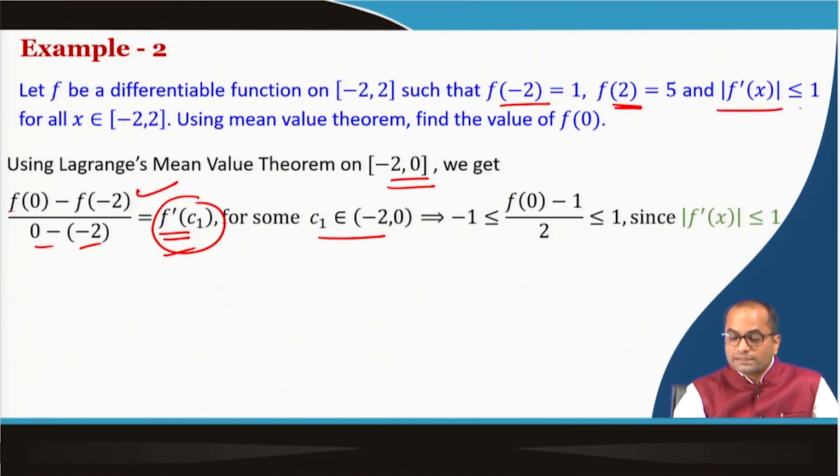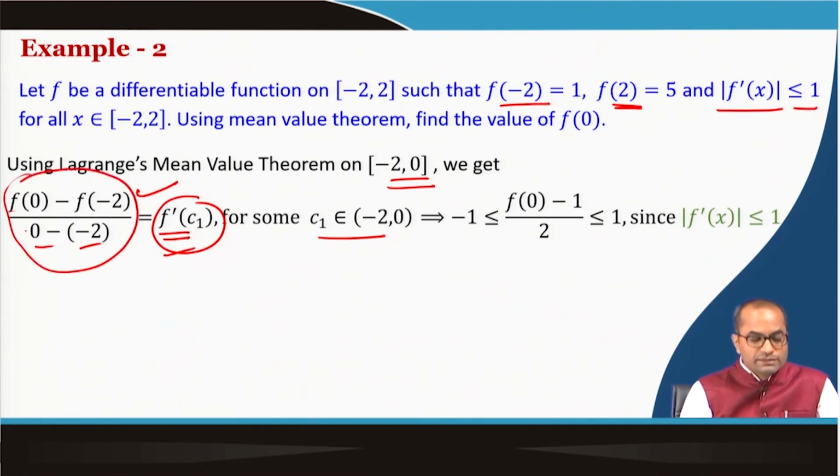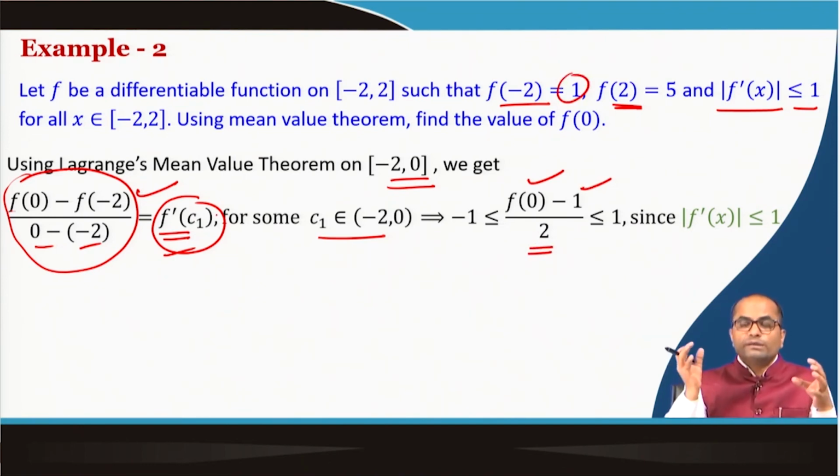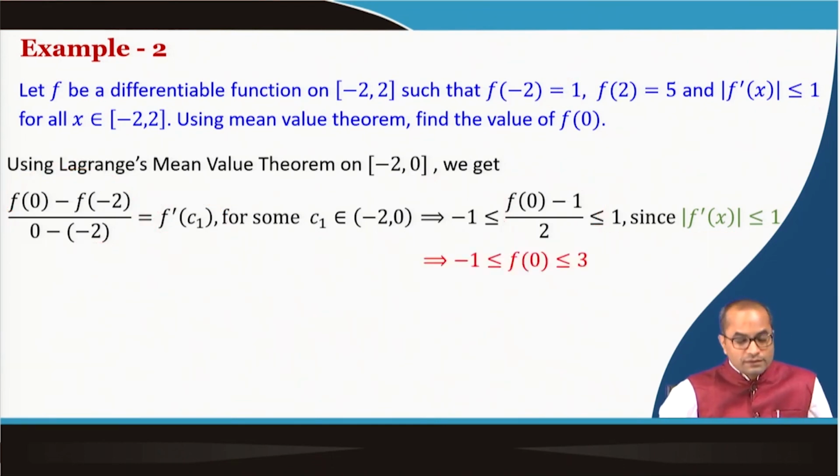Because f prime x is bounded by 1, we can say that this expression f of 0 minus f of minus 2, divided by 2, is equal to that derivative, and the derivative is bounded by 1. So, we can say that this is between -1 and 1, because the boundedness of the derivative is given to us.